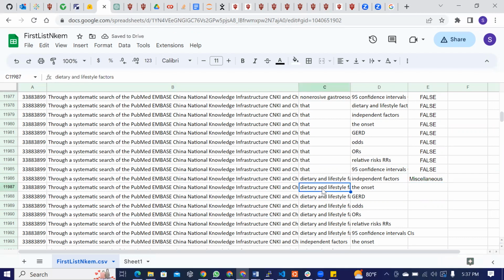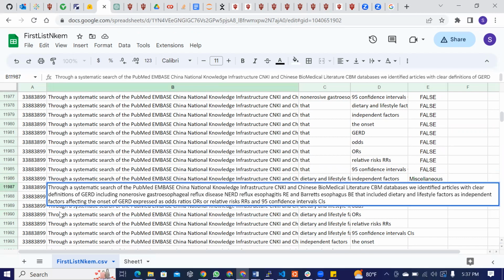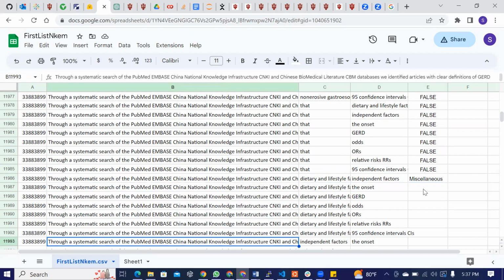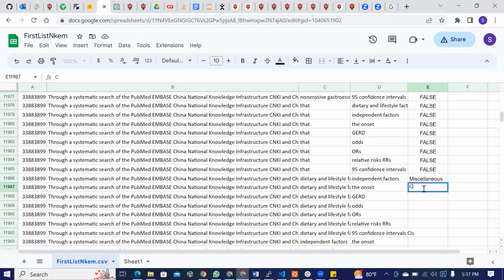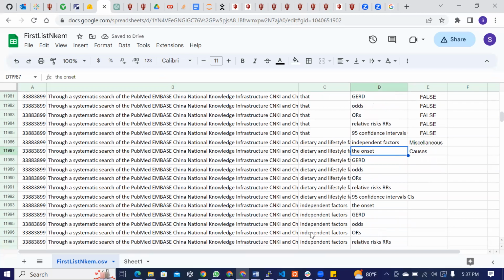Dietary and lifestyle factors and the onset. So it's affecting the onset. This is a cause relationship. Dietary and lifestyle causes the onset of GRD. So basically the onset and GRD will be related.